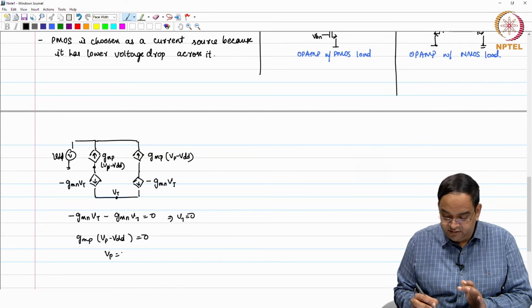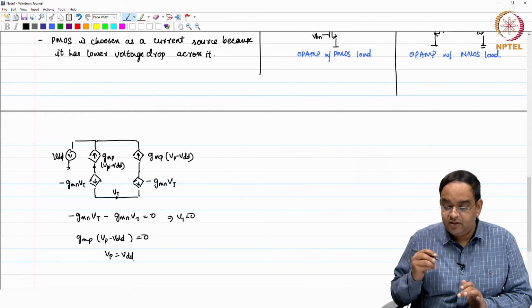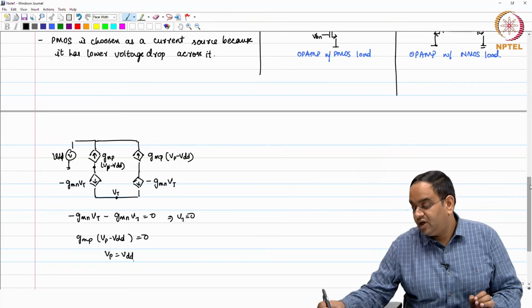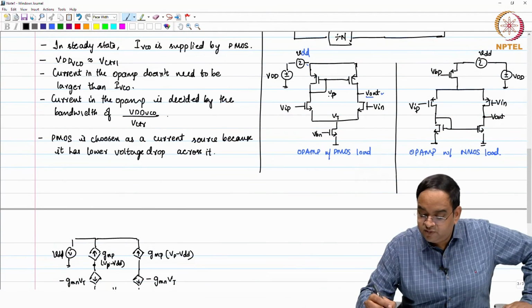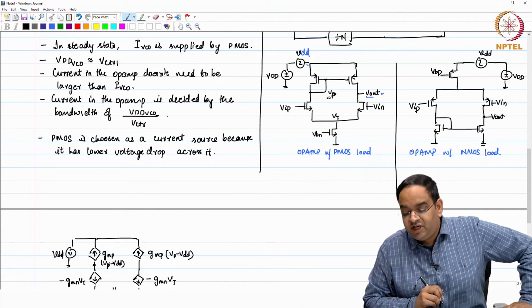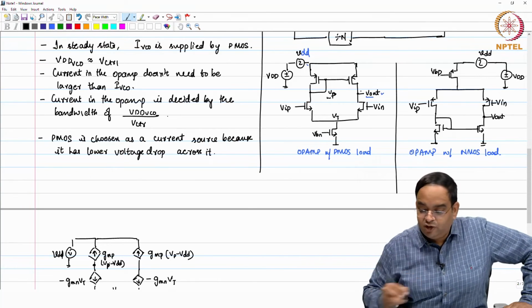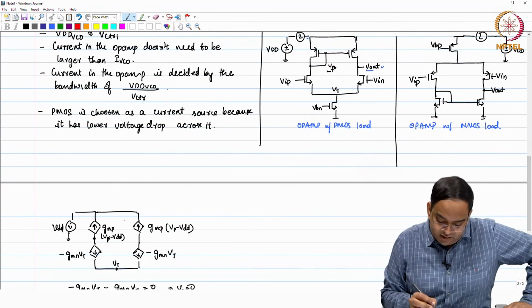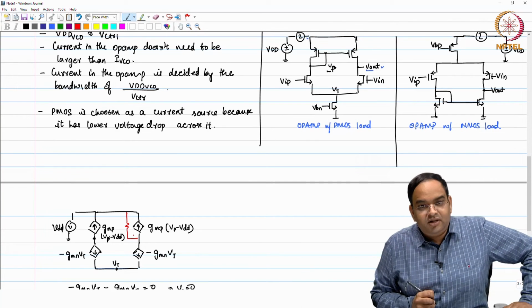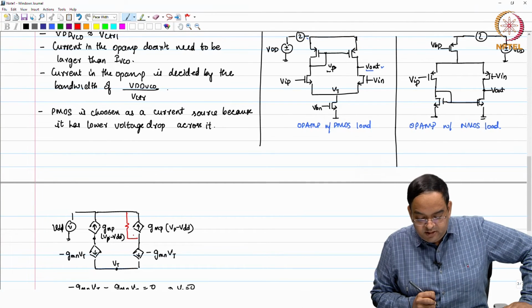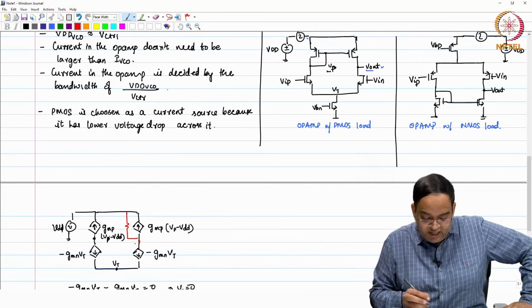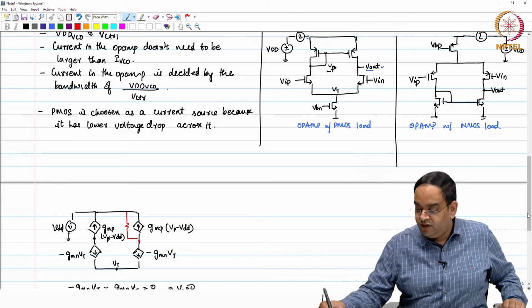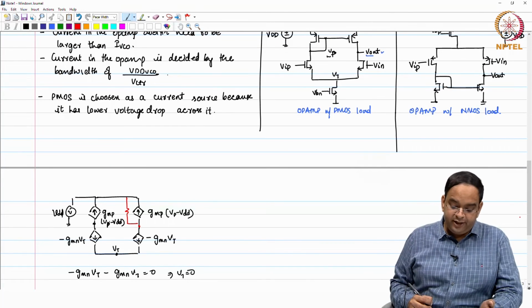So, Vp is VDD. The gate voltage, this particular node voltage, will go to VDD, and this node voltage will also go to VDD, provided I take these resistors here. Vp is VDD, but we are not able to say anything about V out, and that we can talk about when we have this resistor, there is no current.